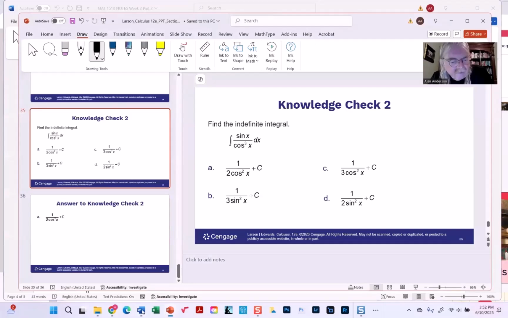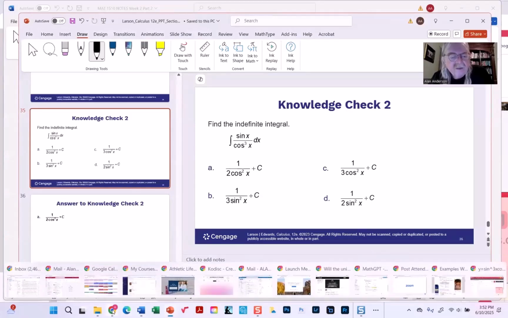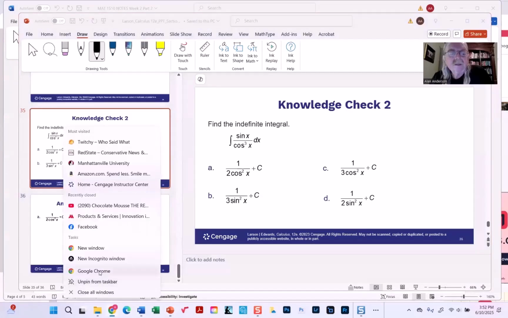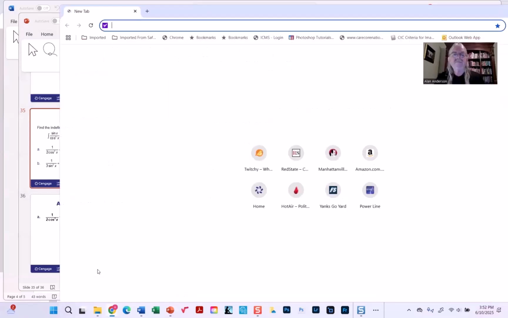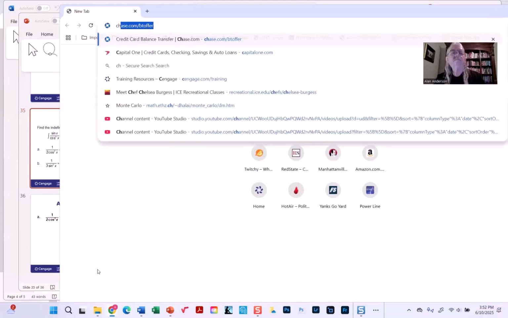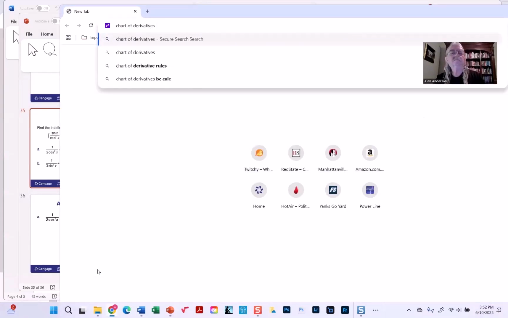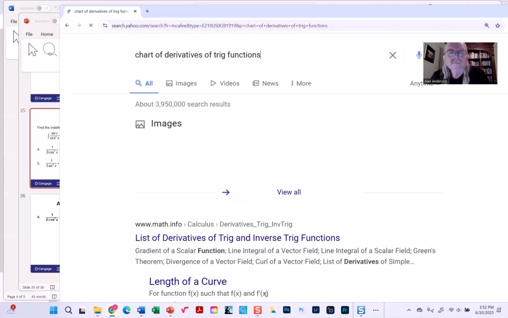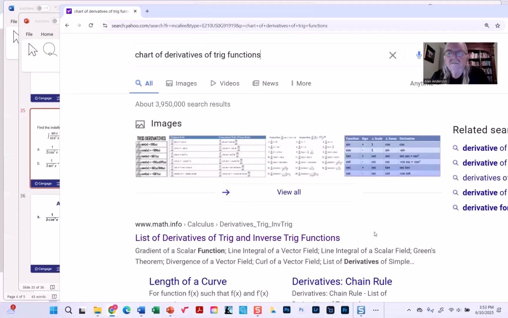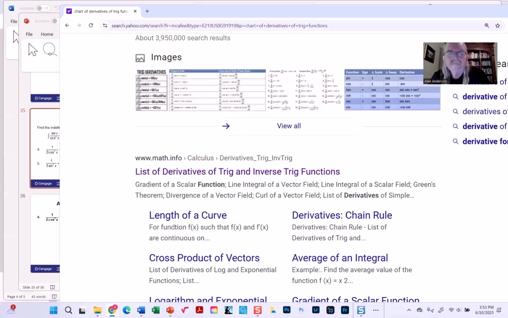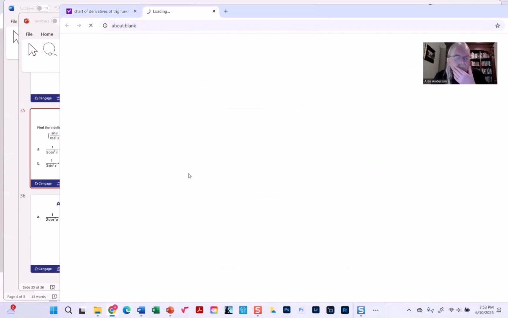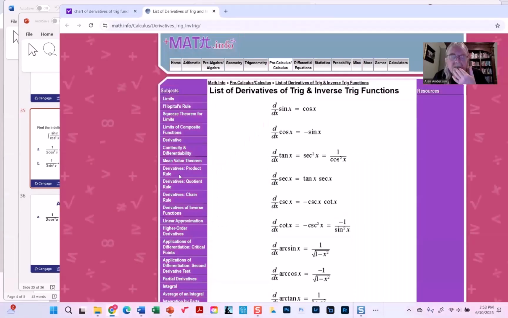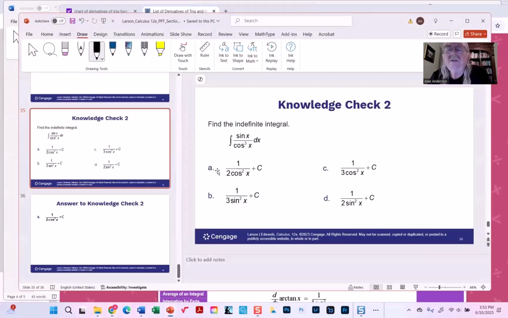We're definitely going to need that chart for the derivatives of the basic trig functions. There it is. Okay, great. So that will help us decide what to do about u in this case.